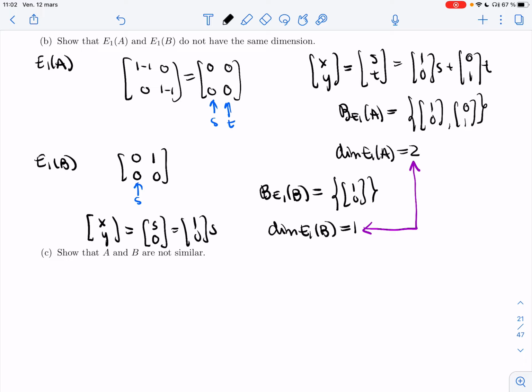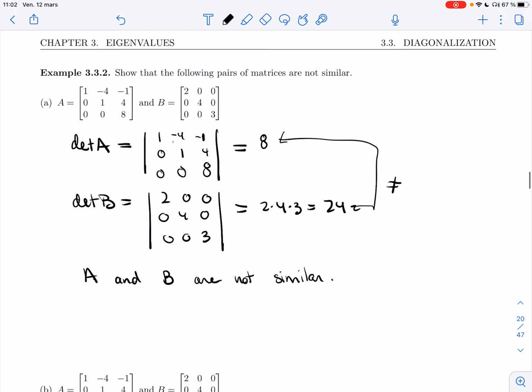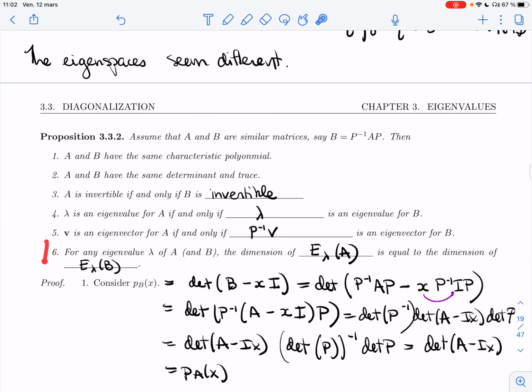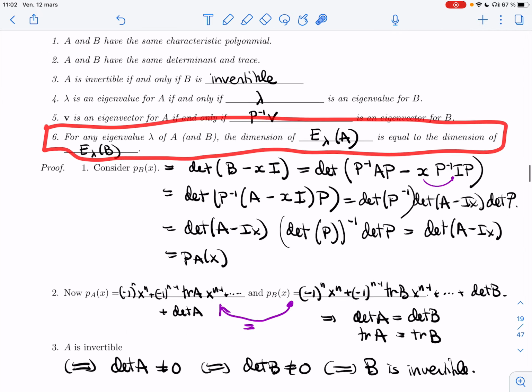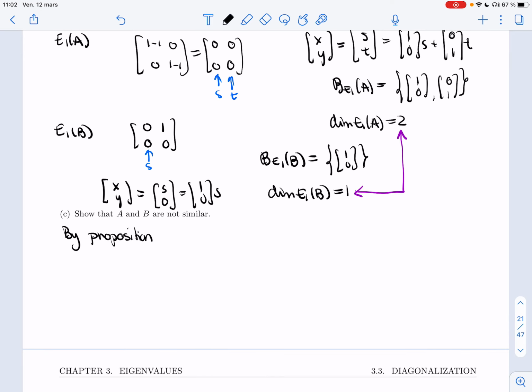All right, I want to show that A and B are not similar, but if you look at this proposition here, part 6, the dimensions need to be equal if they're similar. And so in this case, we just show the dimensions are different. It was 3.2, part 6.